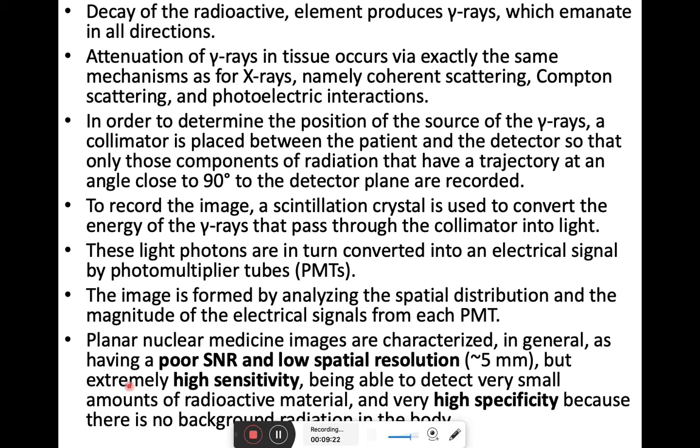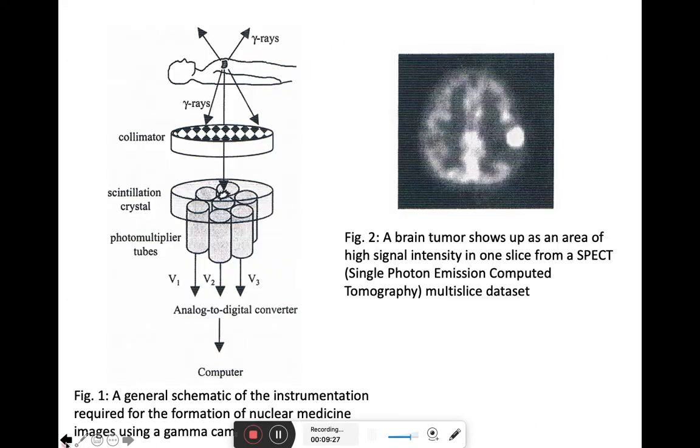If you go back to the previous slide, you can see that almost any gamma rays that are almost 90 degrees to the detector can be detected by the system.